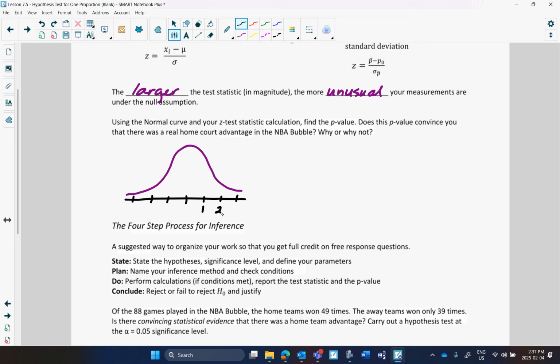This is two standard deviations. This is three standard deviations, which means this value must be 0, and then these must be -1, -2, -3. So the mean has to be 0, and the standard deviation is 1. And remember what I want to find. We had 1.08 about there. This is going to be the probability of greater than that. That's what I want to find. That's going to give me my p-value, or probability.